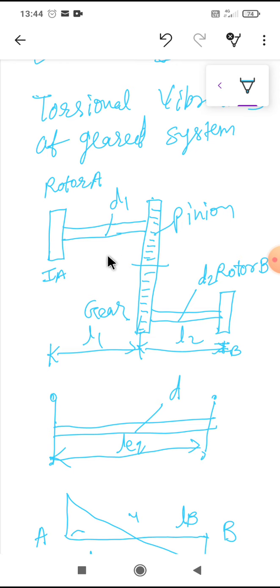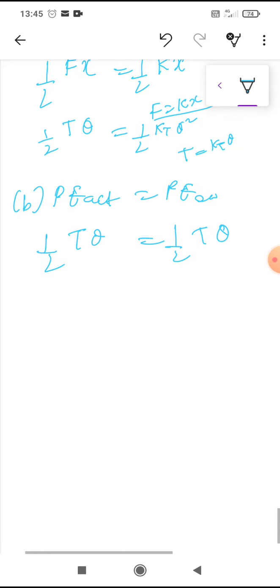So we are only considering the second rotor system for comparison. Here we are taking 1 by 2 Tg theta g, and the speed of the equivalent system is taken as the speed of the pinion. So we will use p for the equivalent system and g for the rotor system, the actual system.